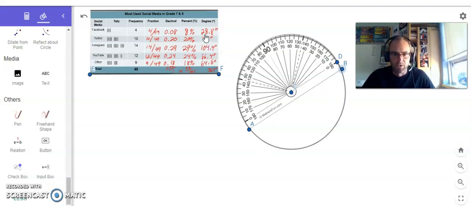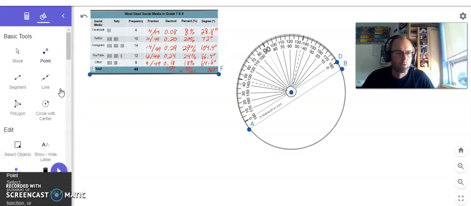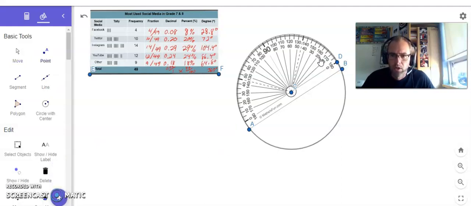My first measurement is 28.8. I'm just going to get my little point tool. In your case, you just use your pencil. And I'm going to measure up to 28.8. So I'm starting at 0, and there's 25. So 28.8 is approximately right there, and I'll put a little mark there.